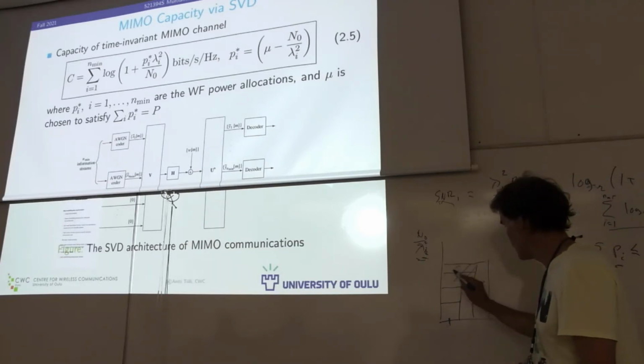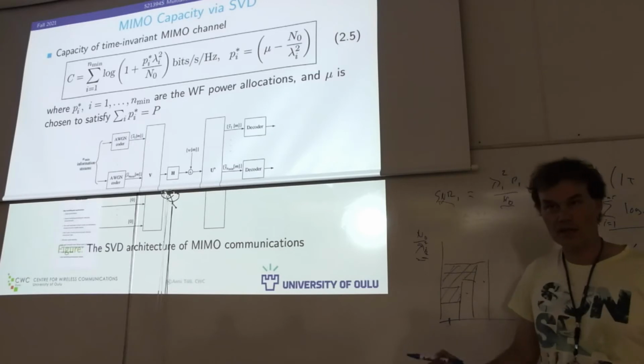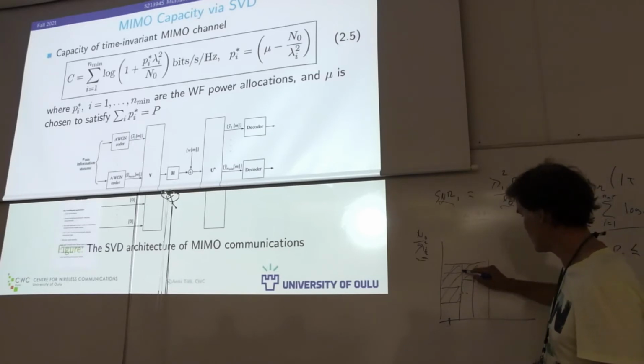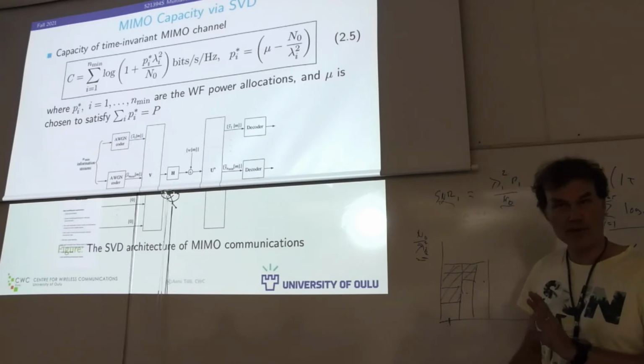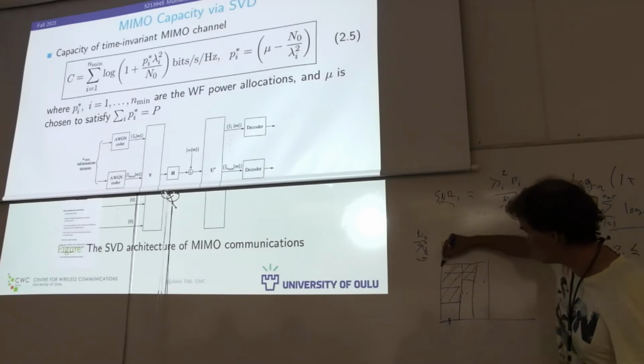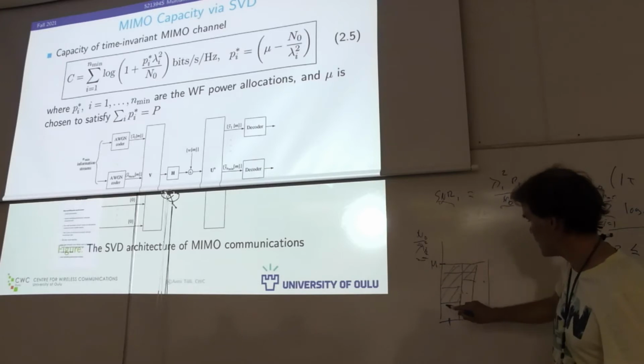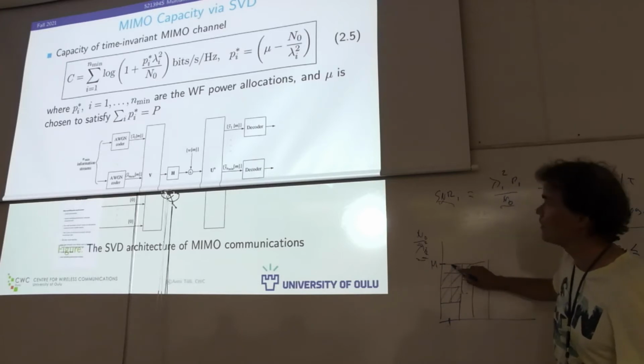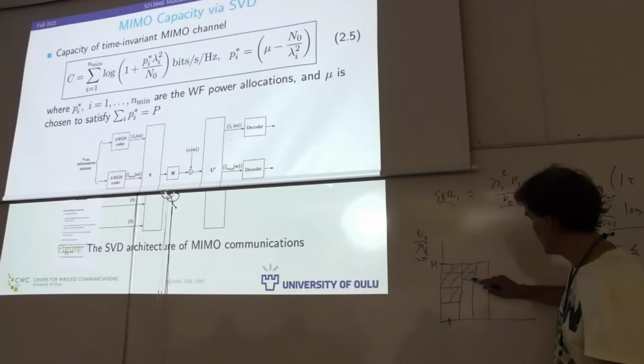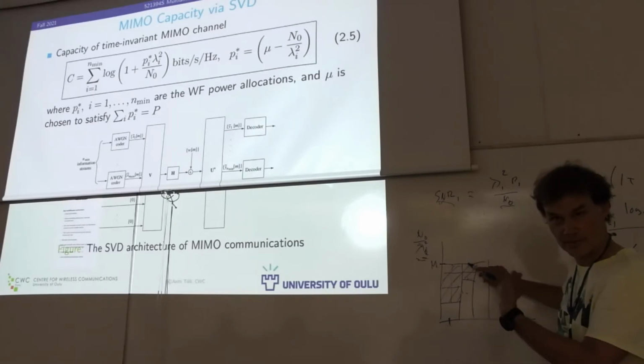Now this integral or summation over this area corresponds to the power. If we set the water level here, this minus this is the power allocated to the first stream, this minus this the second stream.